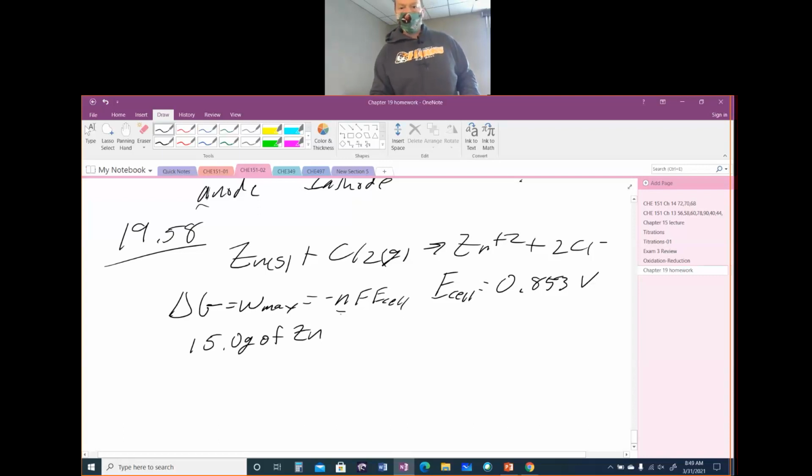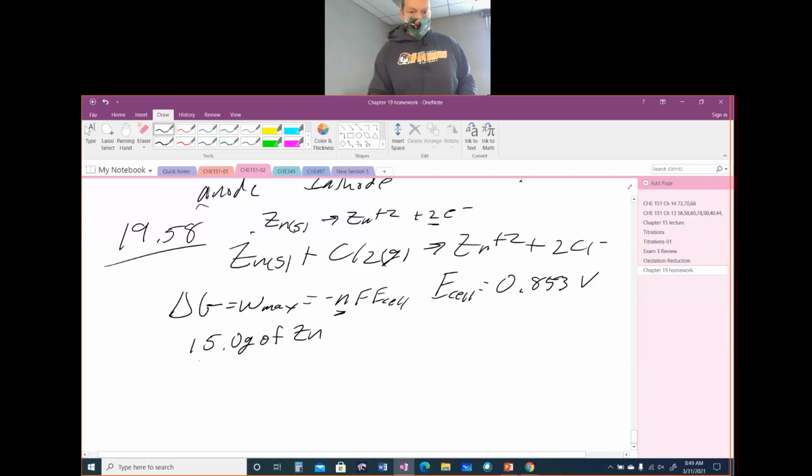And your N is moles of electrons. So you have to see that your zinc is going to zinc plus 2. So your half reaction is zinc solid is going to zinc plus 2. To balance that, you need the 2 electrons. And so you need that for your mole ratio, 1 mole of zinc, 2 moles of electrons.